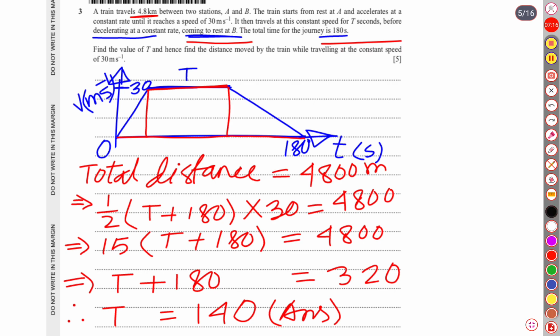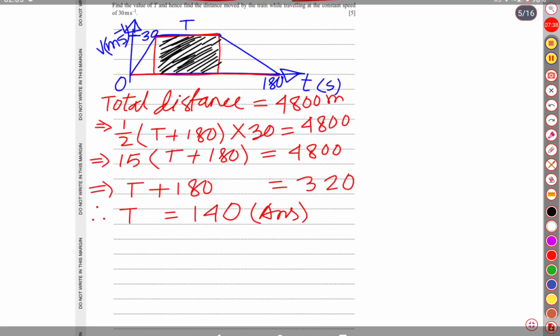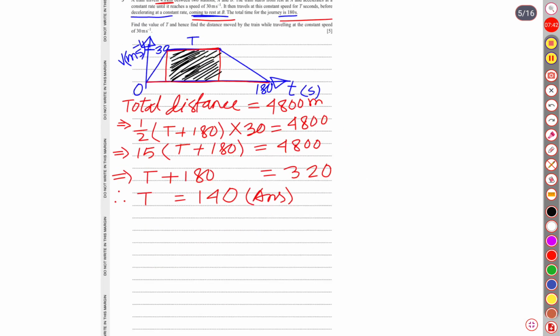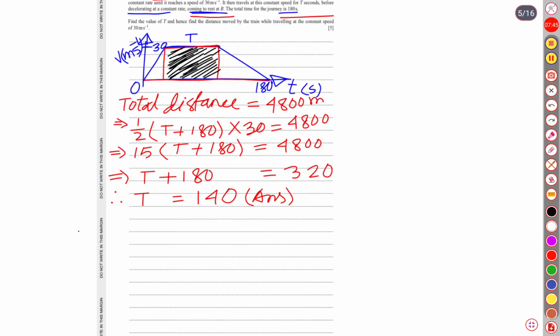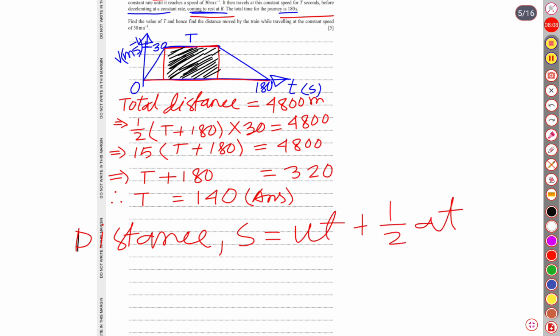For distance we know the formula s equals ut plus half at squared.